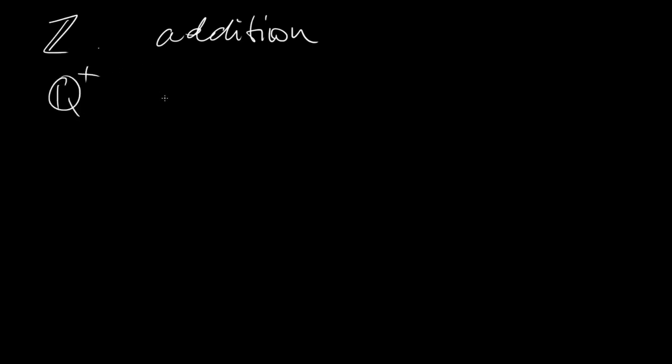Now let me give you just a list of the groups that you're going to use many times, and you have to know them, because they're not going to state what operation is equipped with the set, so just remember this. If you see Z, the set of integers, it is always equipped with addition. The set of the positive rational numbers is equipped with multiplication.